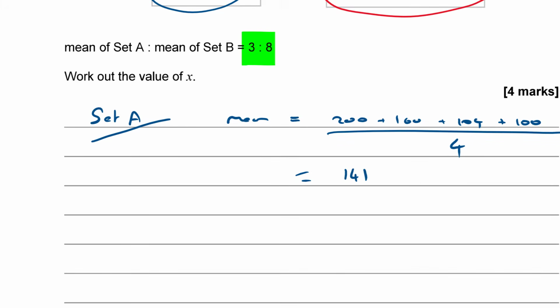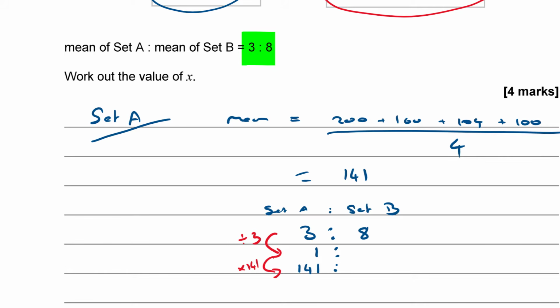Now we know that set A to set B is in the ratio of 3 to 8. Now we've already worked out the mean of set A is 141. What we want to know is the mean of set B. Okay, so we're going to use what's called the unitary method, which is going via 1. Okay, so it's quite simple. We've got 3 things here. If we divide by 3, we'll get to one thing, and then if we take that one thing and multiply it by 141, we'll get 141.